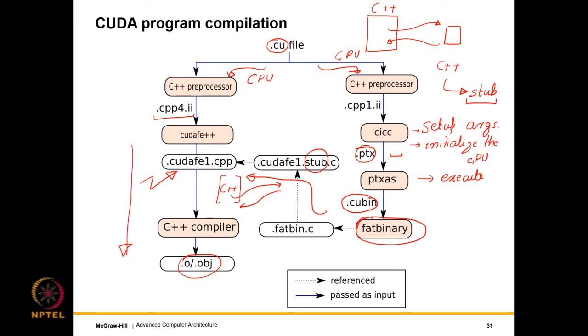There is the C++ compilation part, which primarily incorporates the effect of stub functions. And there is a GPU part, where we take the preprocessed macros, generate PTX binaries, and combine both into a fat binary. And that is what is distributed, right?